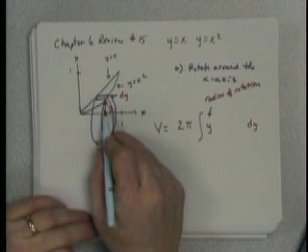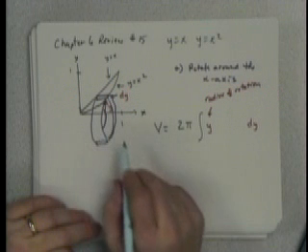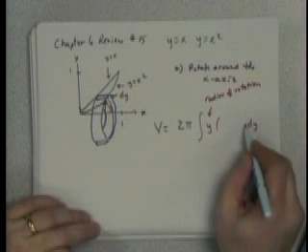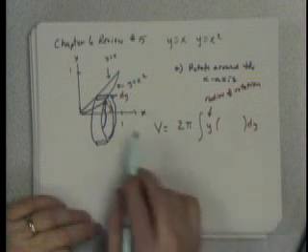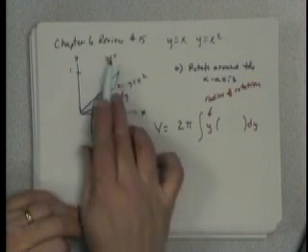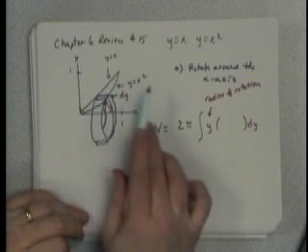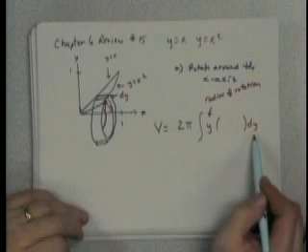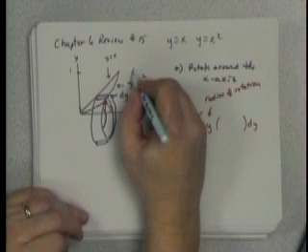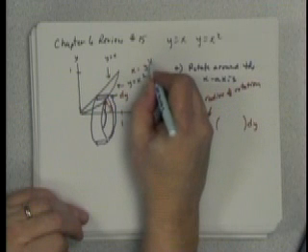How far is it from the x-axis out to my slice? And then I need a function representing the height. In this case, it's the right end minus the left end, but these right now are written as y as a function of x. I'm integrating with respect to y, so I need x as a function of y. So I'm going to have to write x as y to the 1/2.